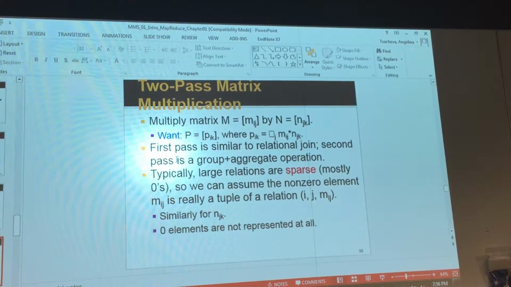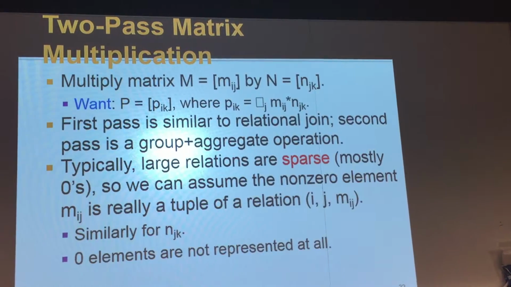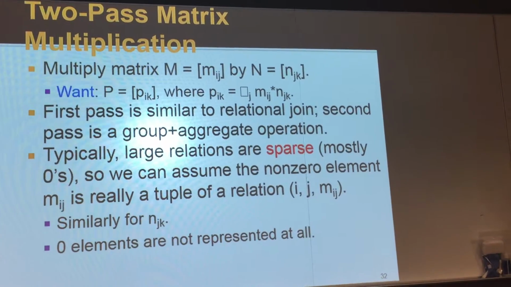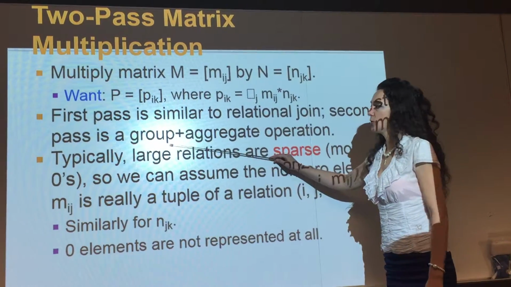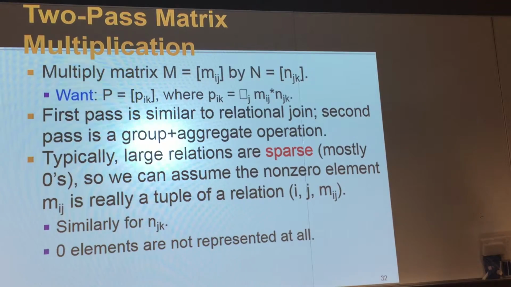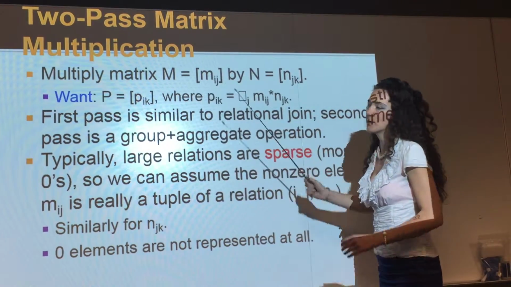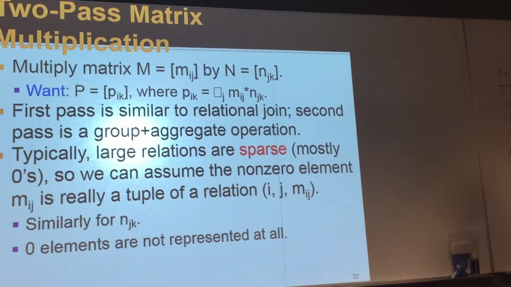We can go through the data once and do something similar to what we did with the join. In the second pass, we will do a group and aggregate operation. If those matrices are very large, it's possible that a lot of the values they contain are null.